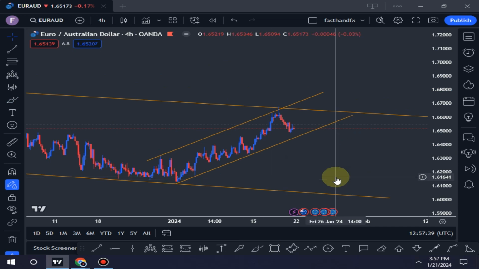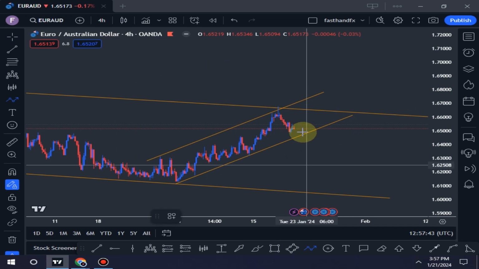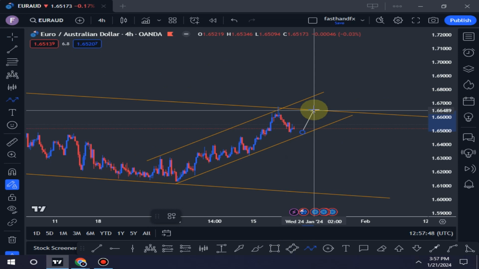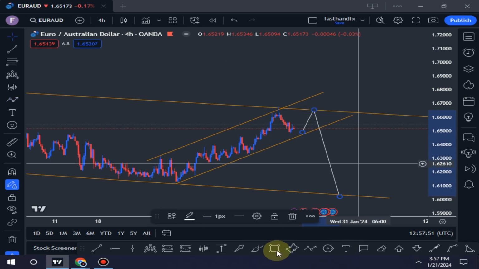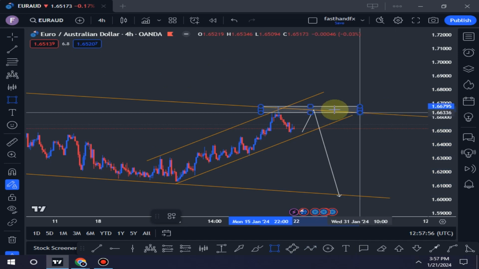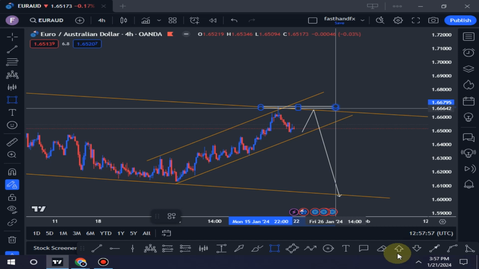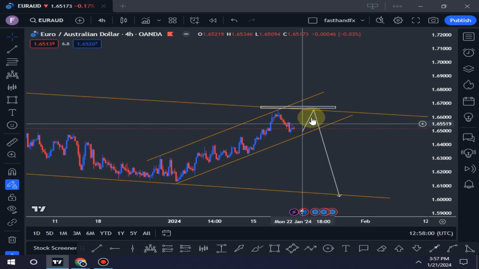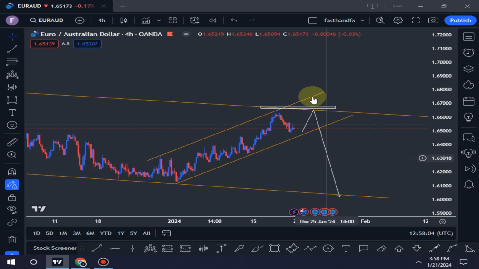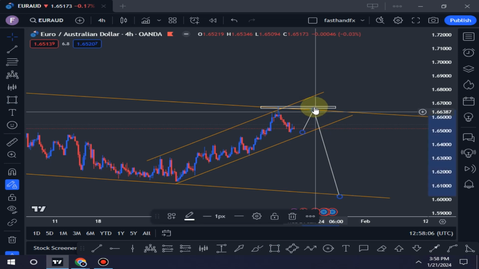From Monday, or from next week, this coming week, we need to see the type of play that this market will probably give us, that type of reversal or pullback. When price pulls back, we need to underline this right there, so when it goes right here, we should understand the type of approach it will be taking to this level.